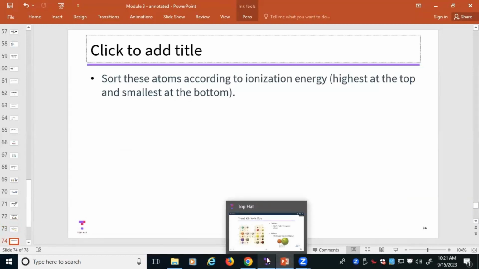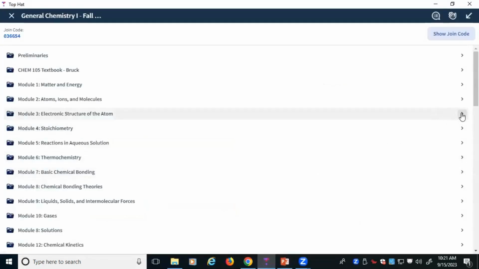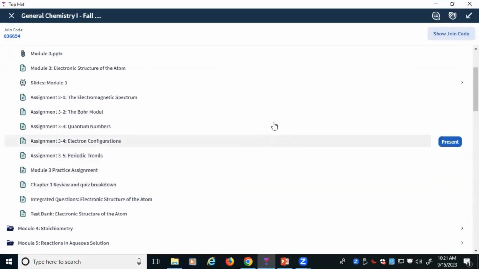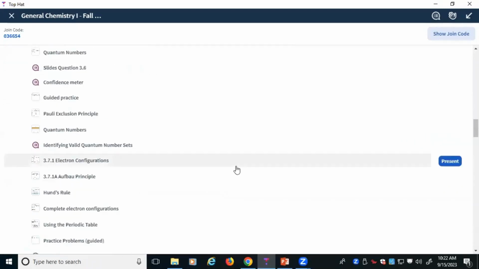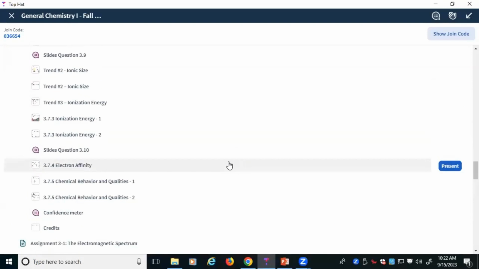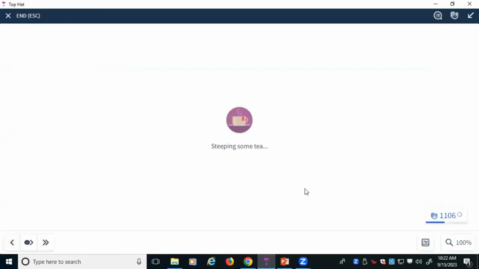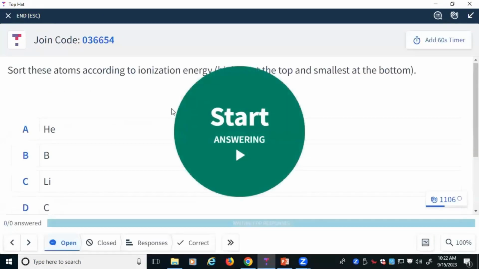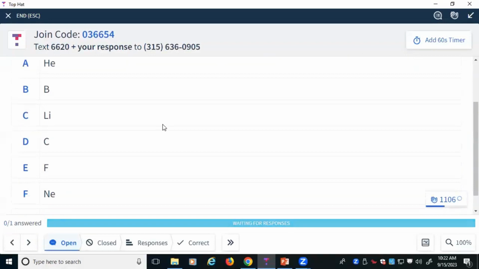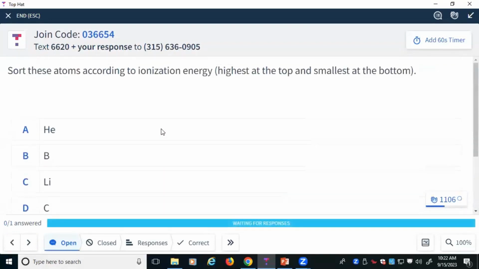So let's take a look at an example problem here. This example problem comes from Top Hat. Now this example problem is not going to be assigned to you. We're just going to do it here as a matter of principle and practice. Sort these atoms according to ionization energy. There are a total of 7 of them.